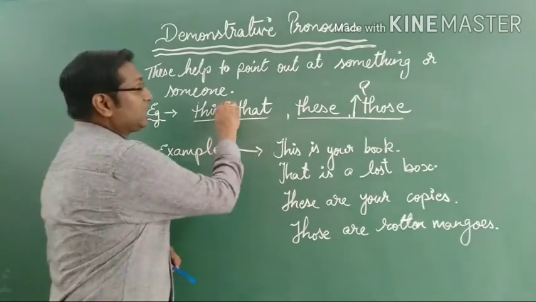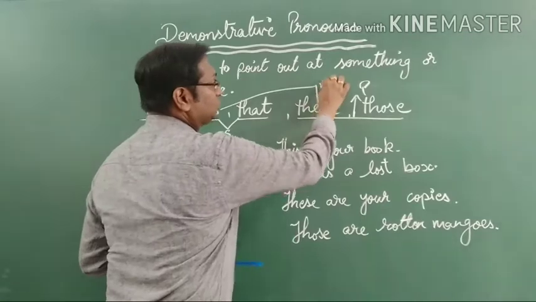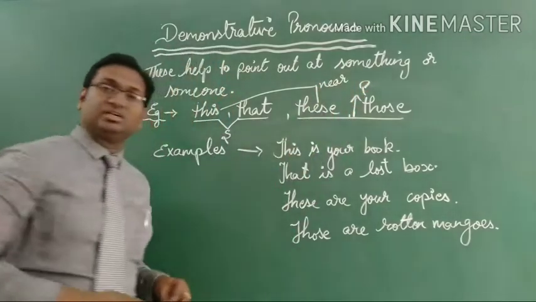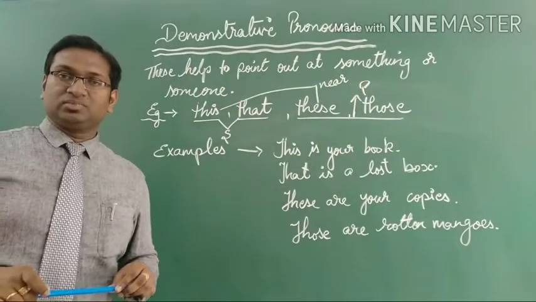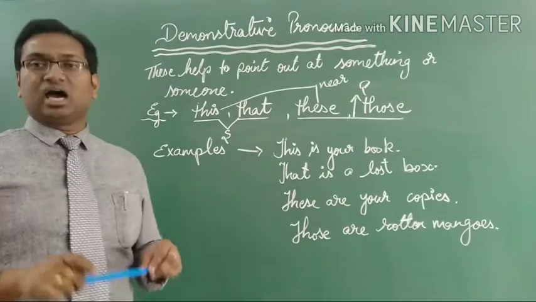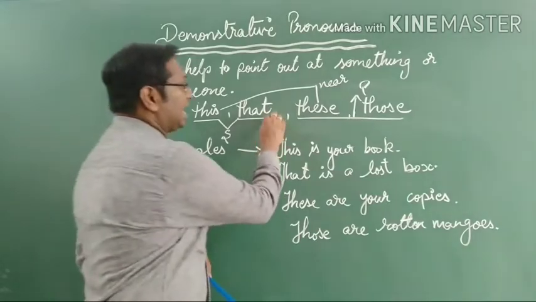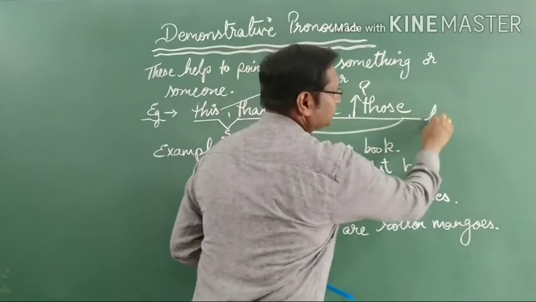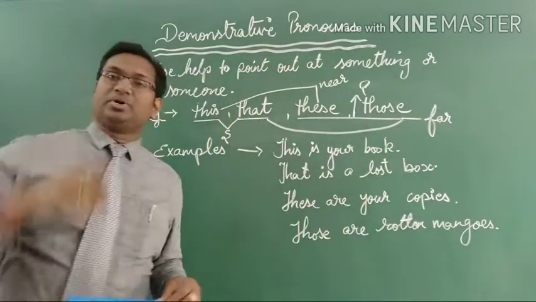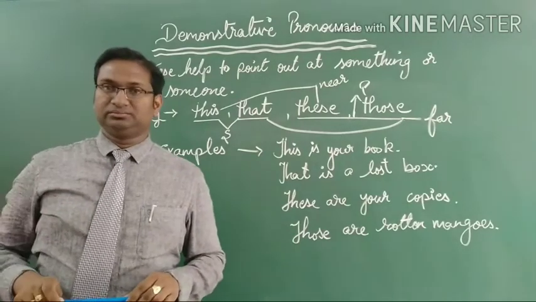Now, this and these are used for a near person or thing. That and those are used for a far person or thing.